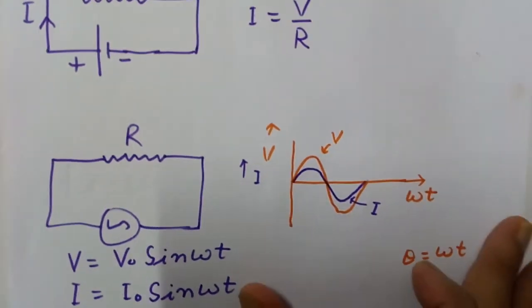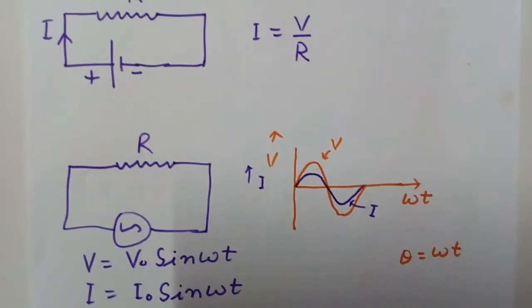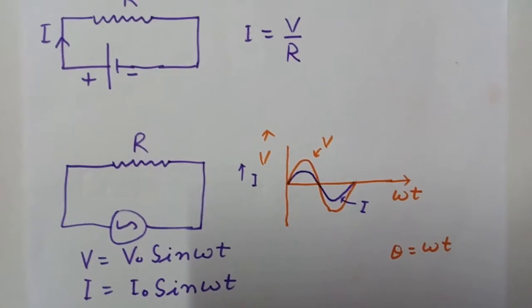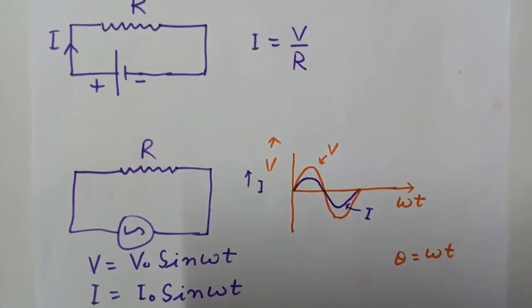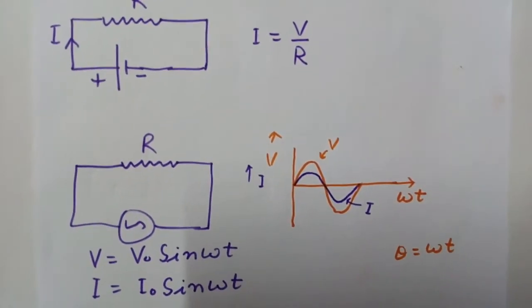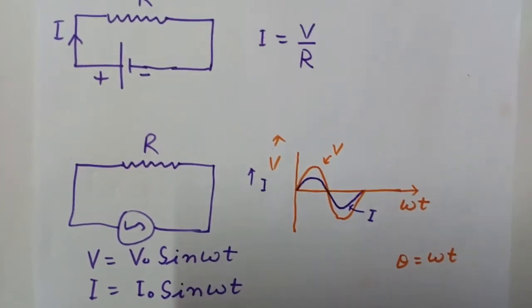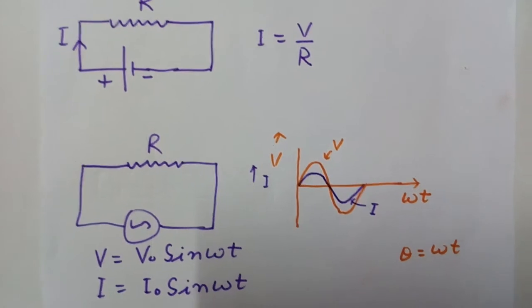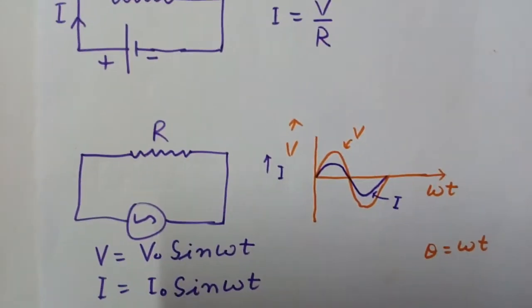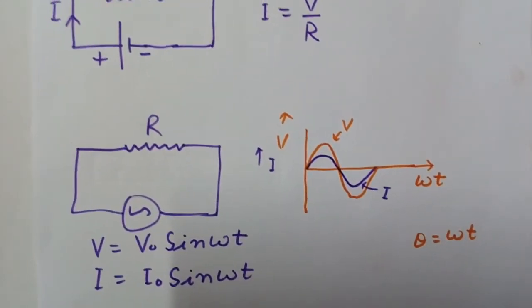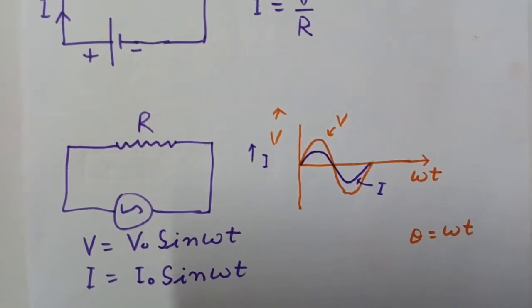We know that in an alternating current generator, a coil rotates inside the magnetic field, and so the orientation of this coil is different at different times. So the angle between the area vector A of the coil and the magnetic field B changes with time.